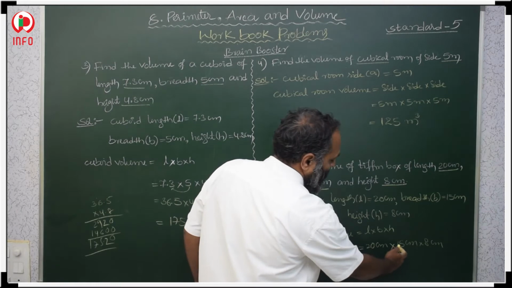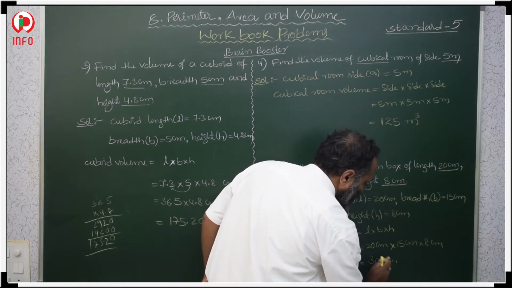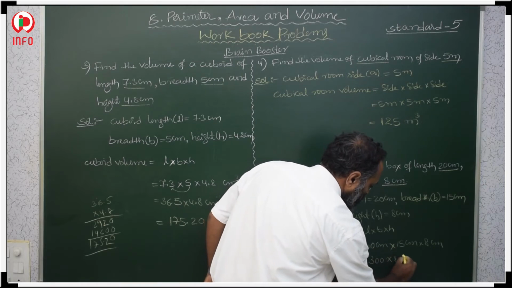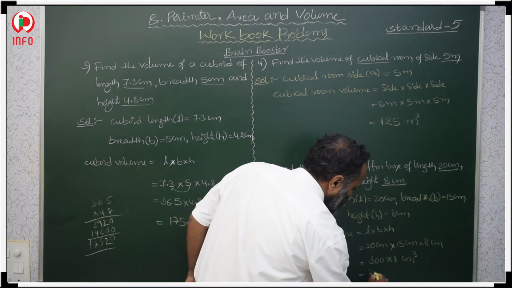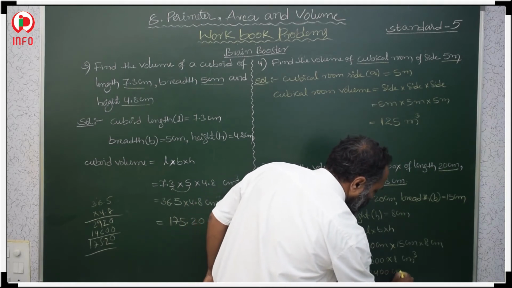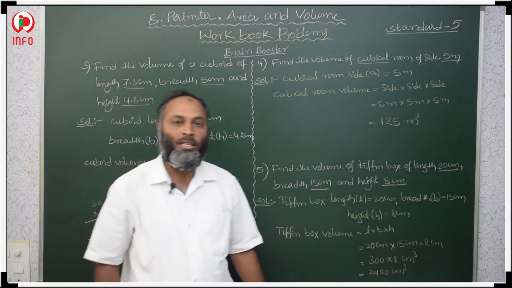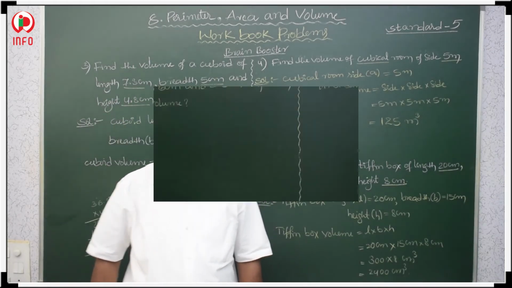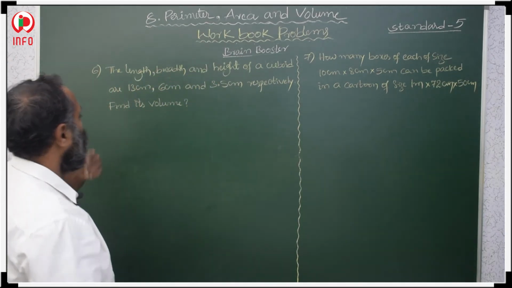Then 20 into 15 is 300, 300 into 8 centimeter cube. Okay, 8 threes are 24, 2400 centimeter cube. 2400 centimeter cube.